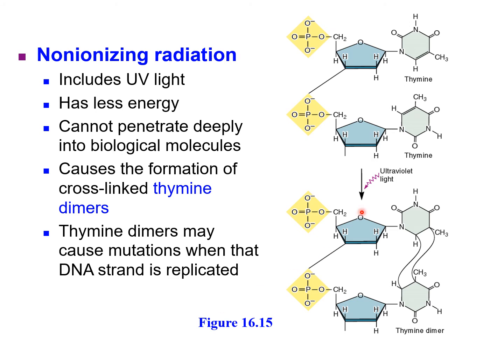So here, when there is UV light, the thymines link to each other, resulting in a thymine dimer. So you have TT.